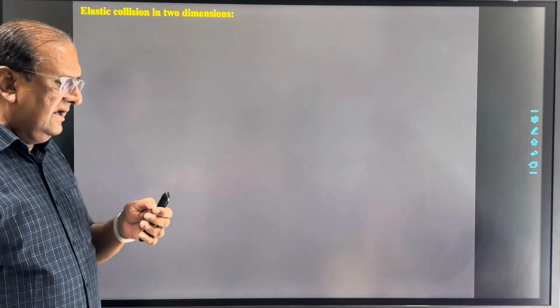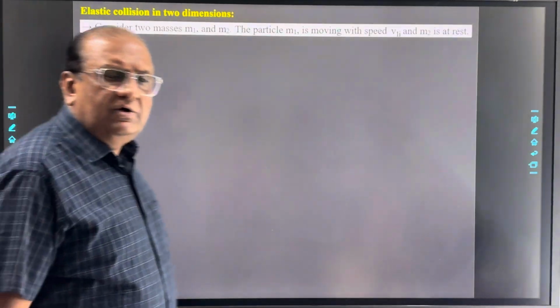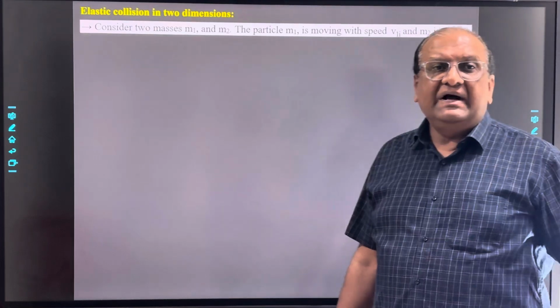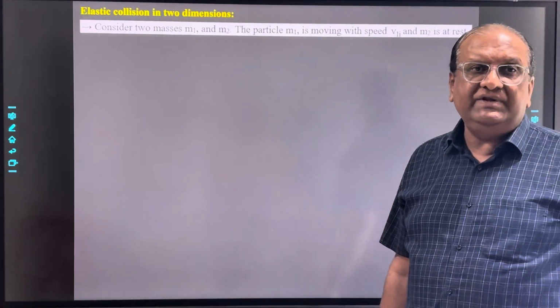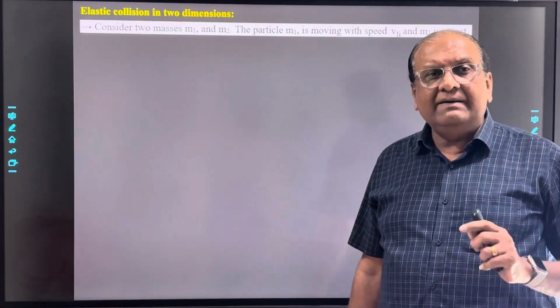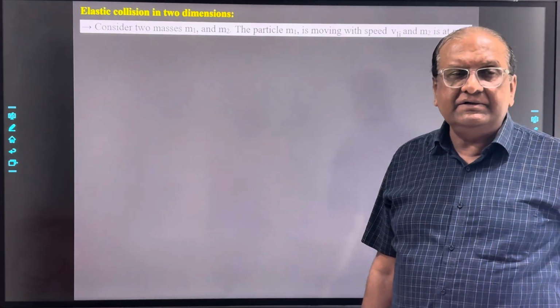Now, next topic: elastic collision in two dimensions. Consider two masses m1 and m2. Mass m1 is moving with initial velocity v1I and mass m2 is at rest.